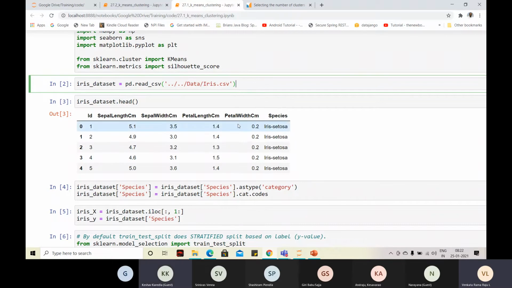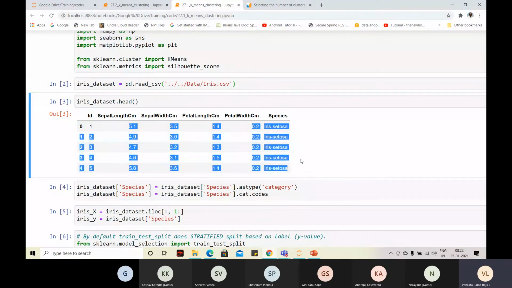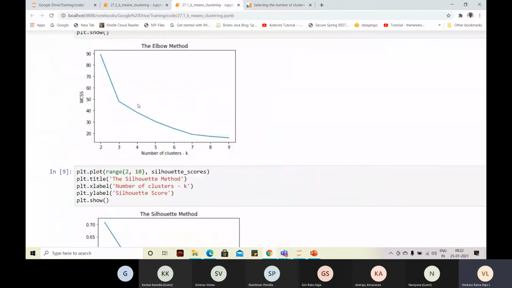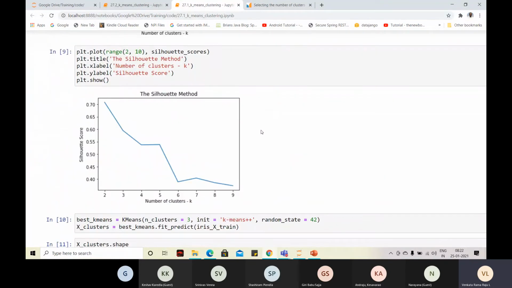Yes, 3 flowers. In general, when you are doing clustering, you don't know the Y variable. But in this particular case, I have taken it intentionally because I wanted to show that these metrics are not reliable. That's where you always need to use a supervised learning algorithm to measure whether the clustering happened properly or not.